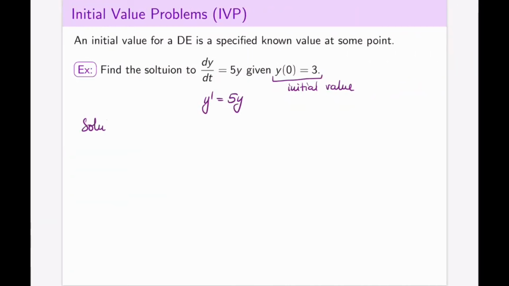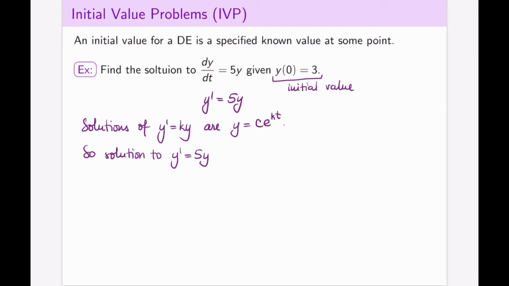So let me record that here and then try to match to what I actually have. The solutions to y prime equals ky are y equals c e to the power kt. What I have here is I need a solution to y prime equals 5y.